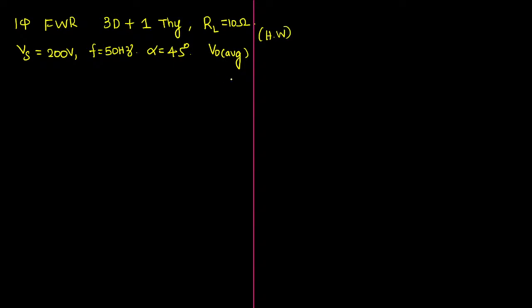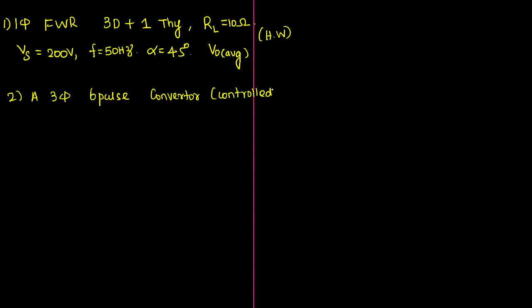Let's go ahead with the next question. I'm bringing the next question here. This is one question you can take. Okay, this is the third question, I think. Next question is a three-phase 6-pulse converter. A three-phase 6-pulse converter. In brackets, they told it is fully controlled.